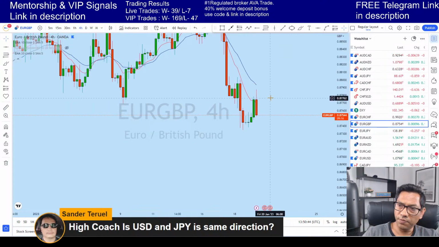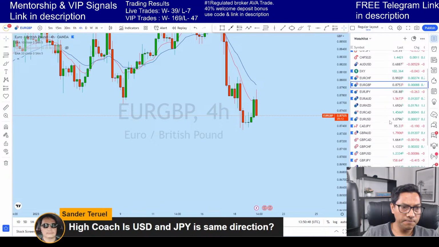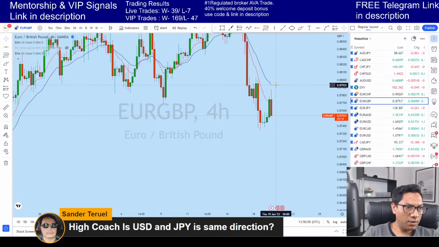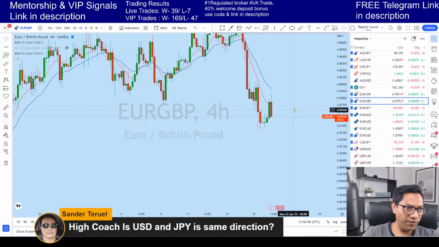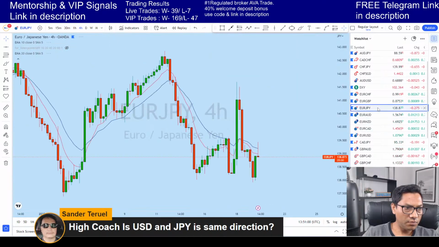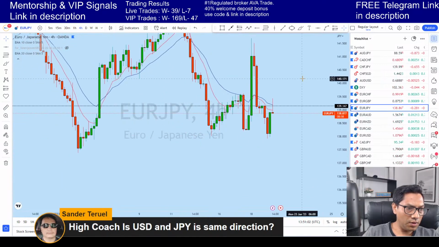So EURJPY is showing a very strong bearish price action as well. We see that this instrument has had a big drop, correction, and another impulse. Now it is in another impulsive phase.